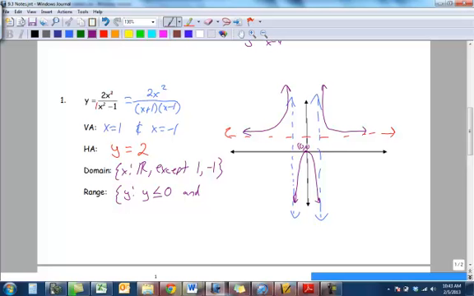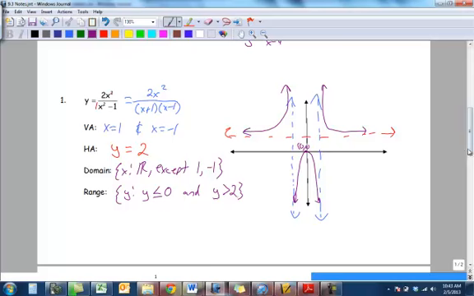And now our range, this is the dead space, but at 2, everything higher than 2 has got a graph. So it's going to be y is greater than 2. So the range is a little bit tricky now. We got to look at graphs and analyze them and see what's up.